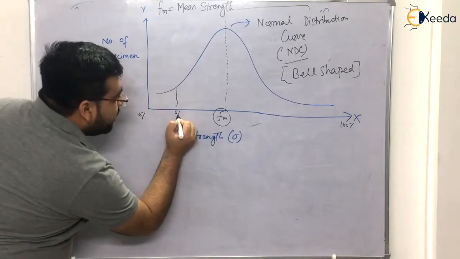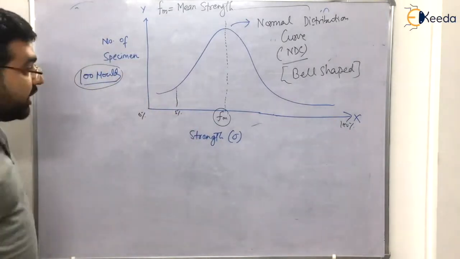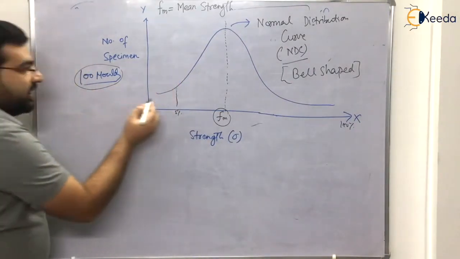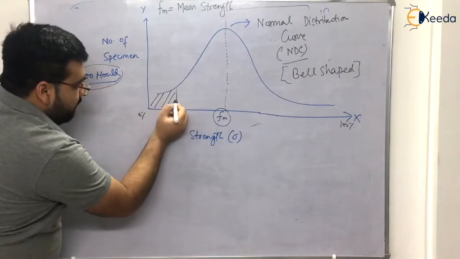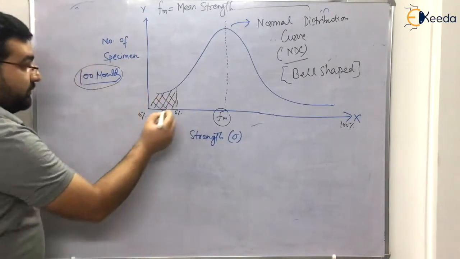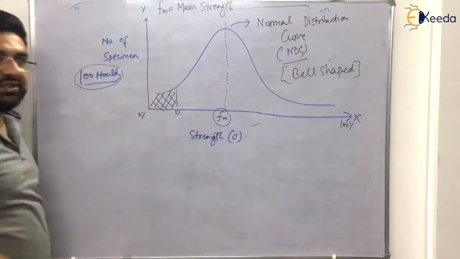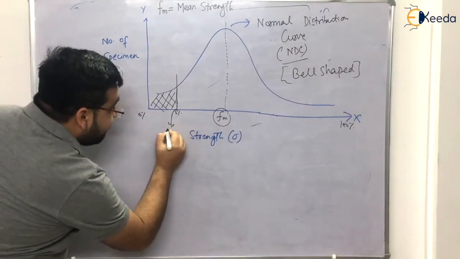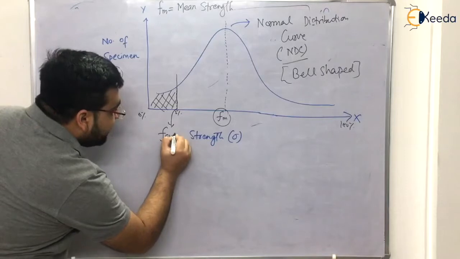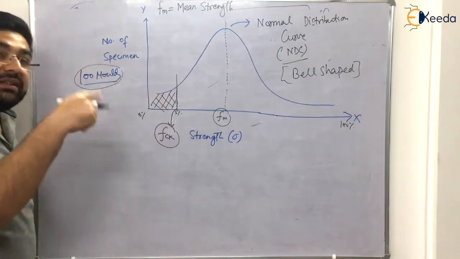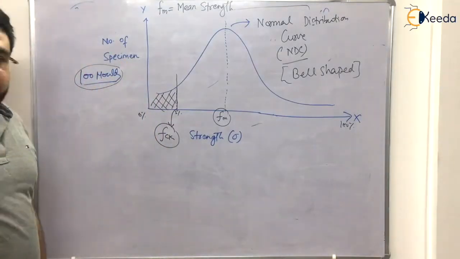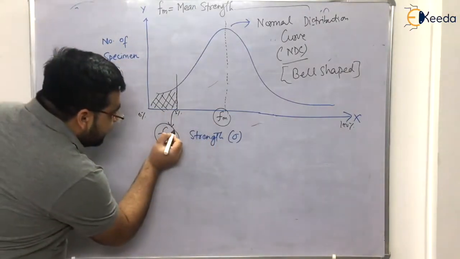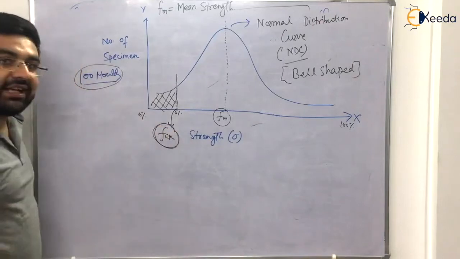So the samples below this can fail, but these samples will pass the test. So this strength is Fck. Fck means the characteristic strength as per the definition. Clear? Has it been understood so far? Now clear, right? Now this is Fck, that is the characteristic strength.